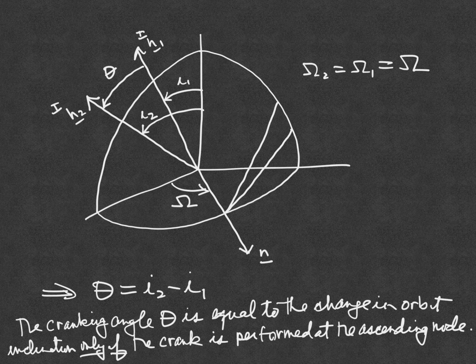If the orbit crank is performed anywhere except for the ascending node, then the cranking angle is not equal to the change in inclination.